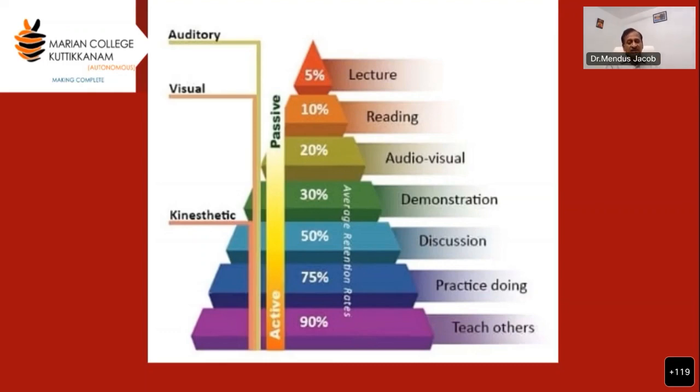So collaborative learning or discussion forums that we can use, especially if we are using ICT tools like Moodle. Most of these activities you can perform through the Moodle LMS. When students teach others through peer teaching, definitely a lot of learning will happen.